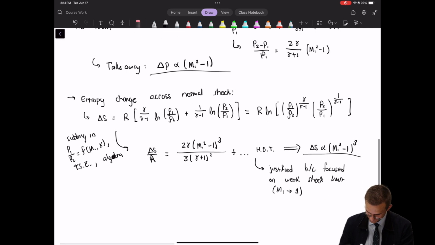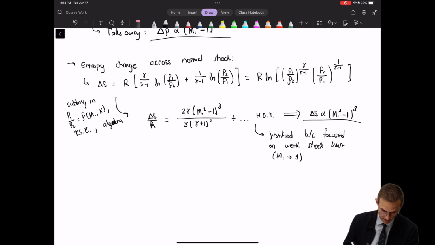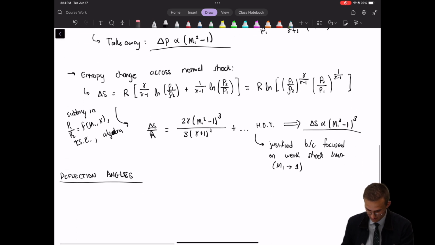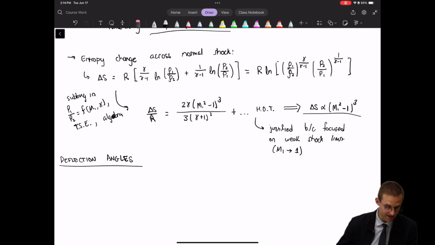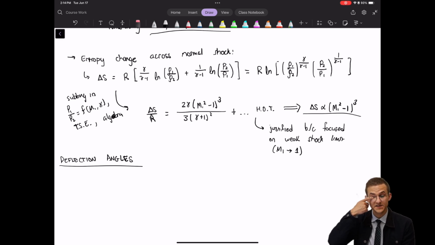All right. So now let's focus on the deflection angles. So stick with me here. We're developing this idea of these Prandtl-Meyer type flows.